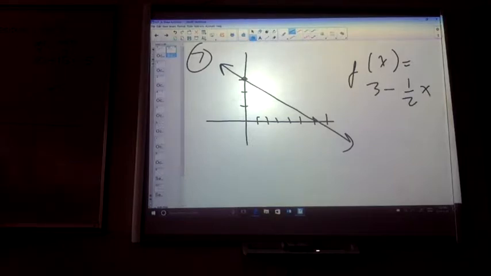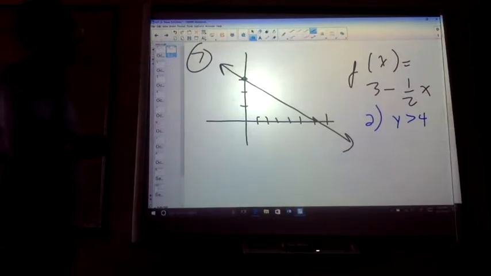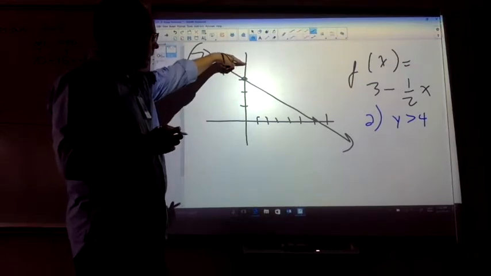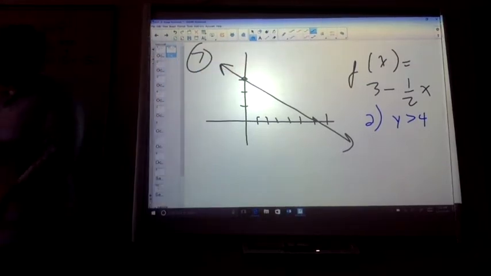And then use the following. For what values of x is, so letter A, is y greater than 4? Y greater than 4. Okay? So you need to be counting up here. So like here's 4 right up here. And then you kind of extrapolate over.